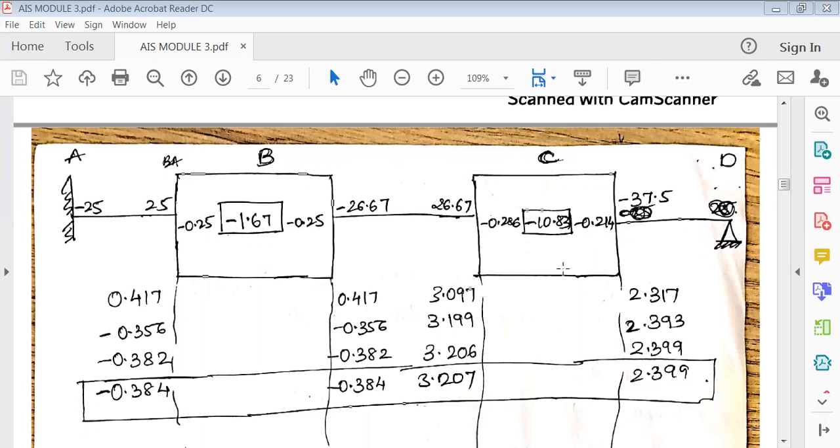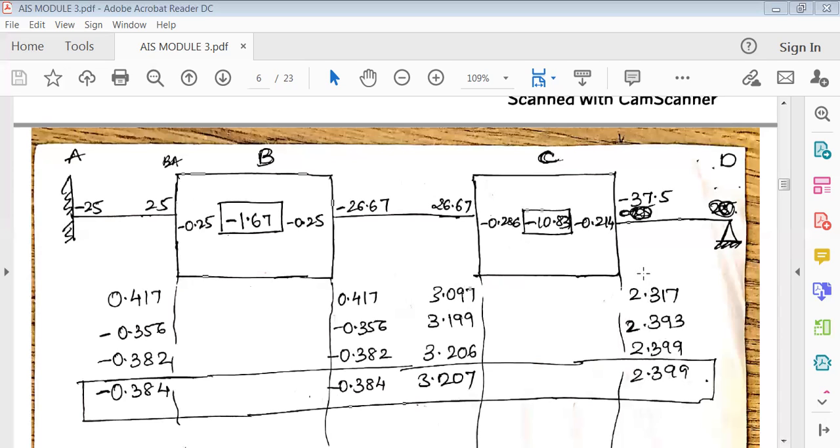Next, come to this portion. These are the values we've already calculated. Now come to this joint. It is minus 10.83, that is the moment at joint C. Next, the far end moment is this, so the far end moment is plus 0.417, times minus 0.286, which is 3.097.